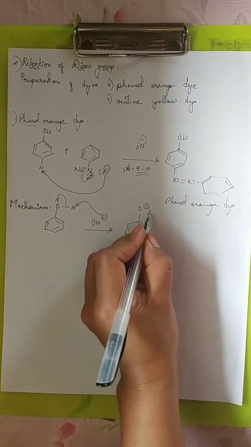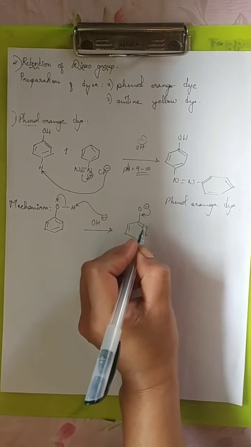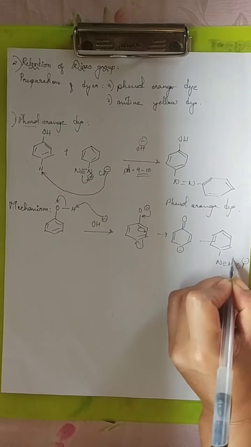Now this O minus comes, then this bond will come here, then this comes here. Therefore we will be getting here our oxygen, and then we will be getting here a negative sign because the electron density is increased in this ortho position. Therefore now when this reacts with our diazo, this is our N2 and Cl minus and then plus.